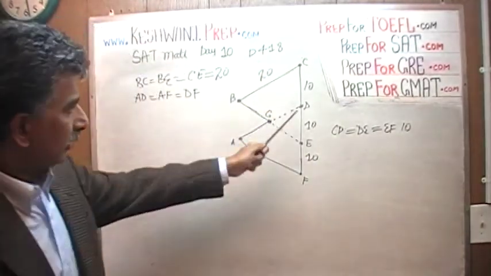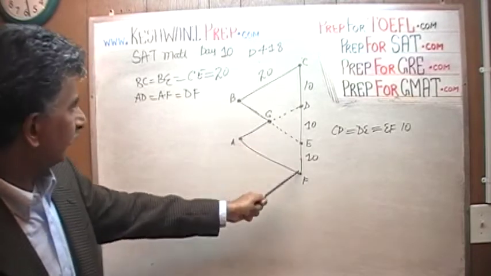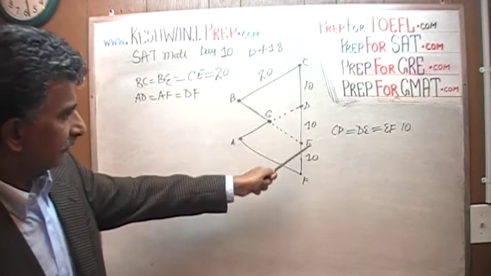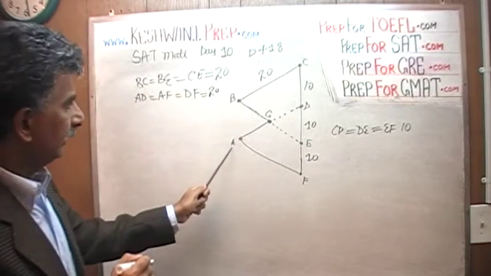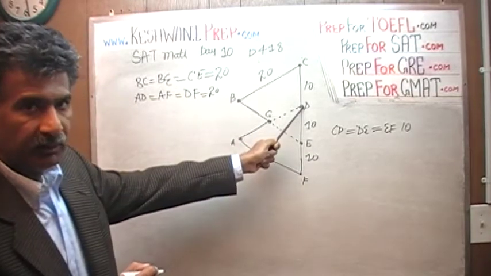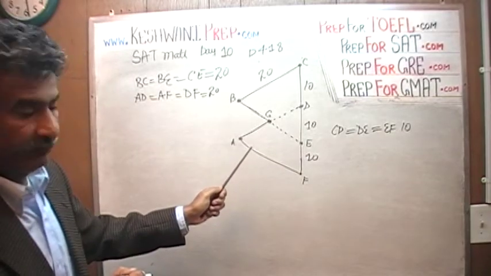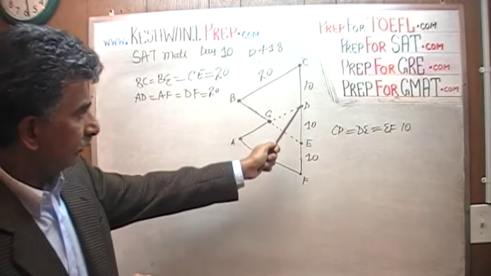Similarly, because D to F is 10 plus 10, 20, therefore A to D must be 20. Now this is where the tricky part is going to come in. A to D is 20.